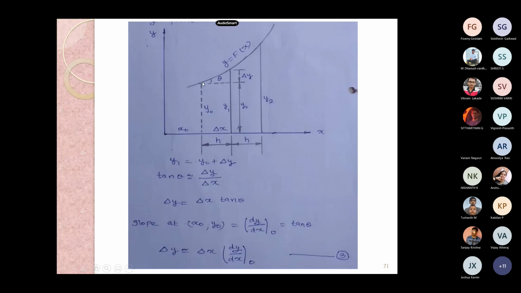When we consider this as a line, for a smaller area, instead of taking the curve, in order to make it simple, we can take it as a line. The slope at x naught, y naught is dy by dx at x naught, which is equal to tan theta. So delta y is equal to delta x into dy by dx.